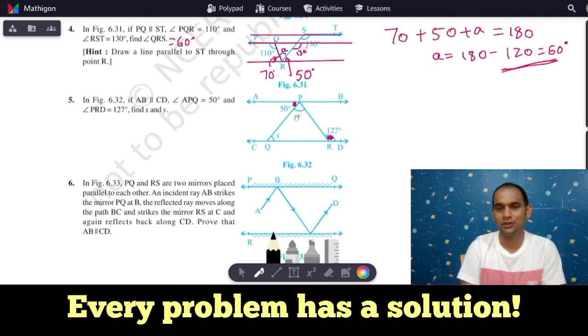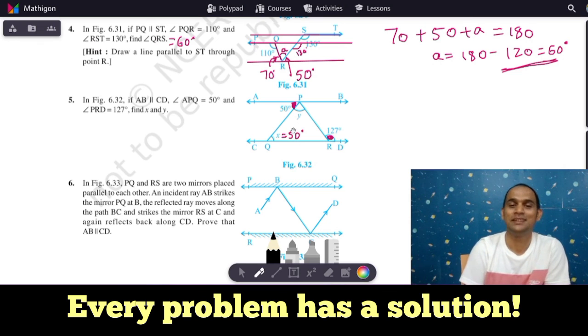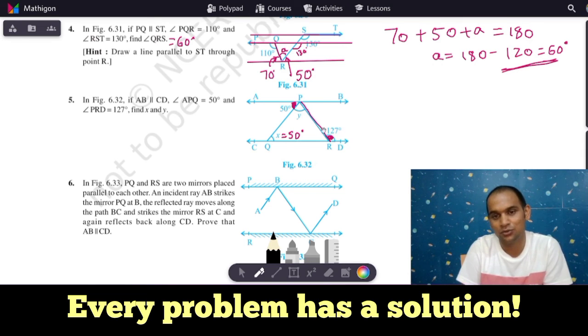Very, very carefully understand. If AB is parallel to CD and PQ is transversal, this is 50. So x is an alternate interior angle. This will also be 50. Yes or no? Then try to understand, now I'll change the transversal. PR is the transversal.